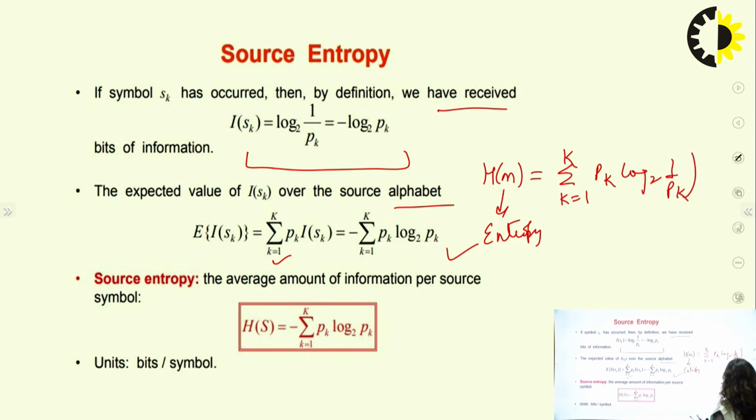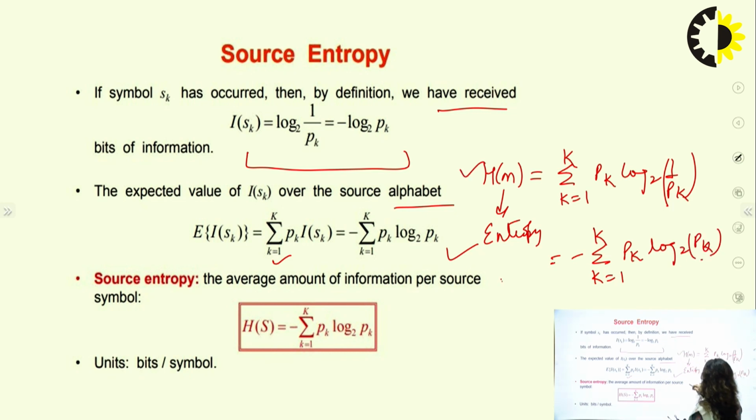We can also write it as minus the summation over k equal to 1 to K of Pk log2 Pk. Both these formulas are correct for entropy. So we define source entropy Hs as minus the summation over k equal to 1 to K of Pk log2 Pk. Its unit is bits per symbol or bits per message.